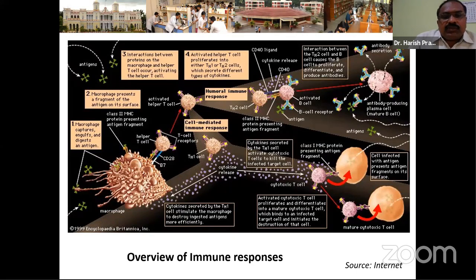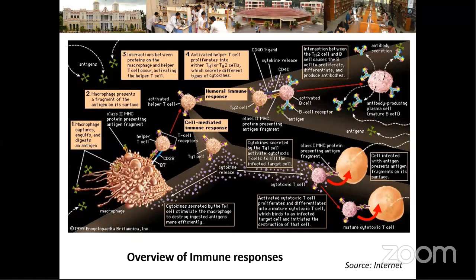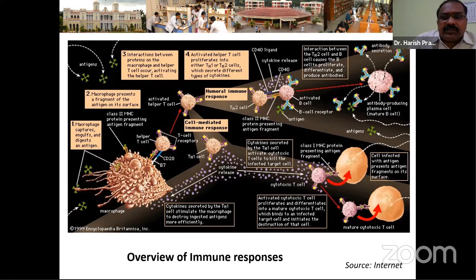The T helper 1 cell leads to the cytotoxic T cell in the cell-mediated immune response, which recognizes the infected cells through MHC1 and tries to eliminate them by destroying the cell. In the humoral immune response, the Th2 cell interacts with the B cell through co-stimulators, and after maturation, proliferation and differentiation, produces a lot of antibodies.